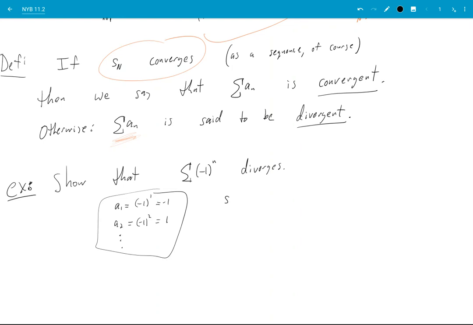Okay, so what do we get? S1 is equal to just a1, which is negative 1. S2 is equal to a1 plus a2, which is equal to negative 1 plus 1, which is 0.